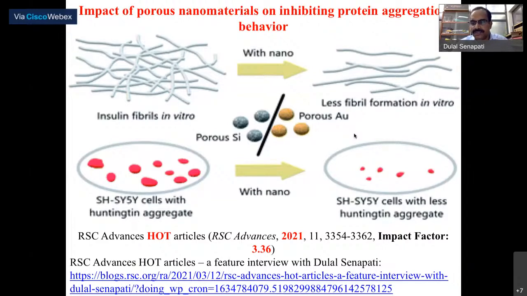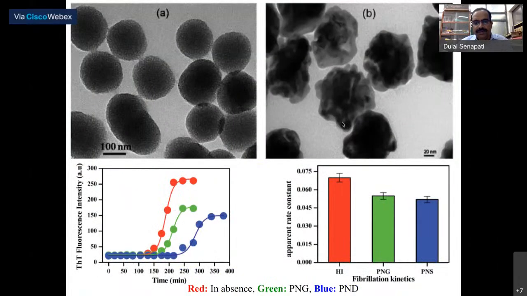This is the case of Alzheimer's disease, where the porous silicon nanoparticles actually prevent aggregation. They look like this, and this is the fibrillation kinetics showing the reduction of aggregation. That is the maximum for porous nano silicon, compared with the maximum without it.